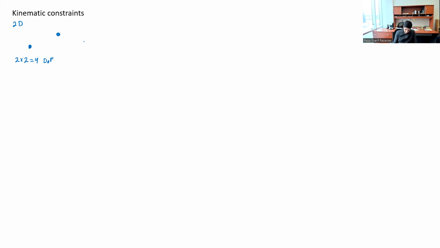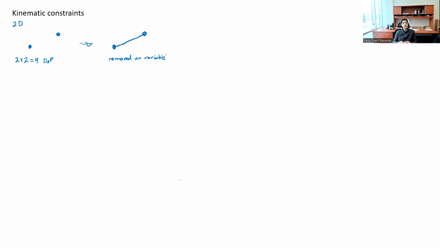Now let's connect them. So this is the same system. Connect them with a rigid rod. Now with this constraint, I have removed one variable.